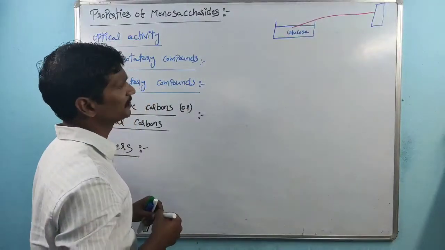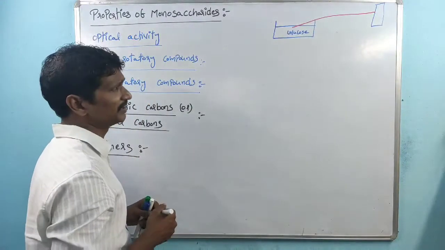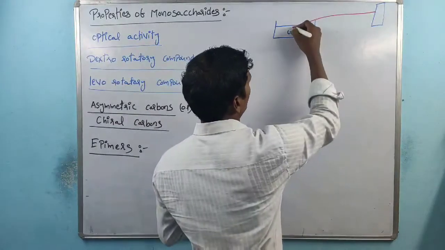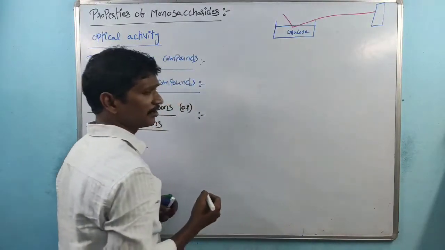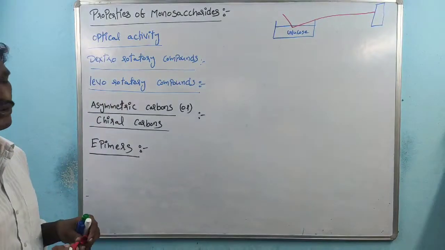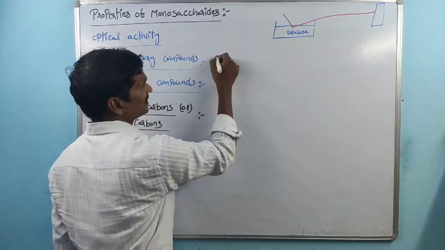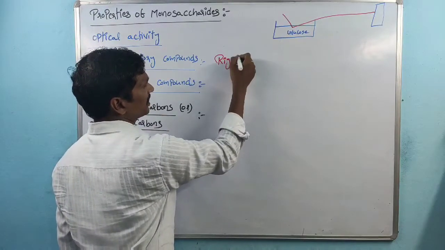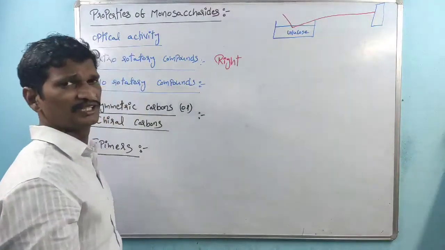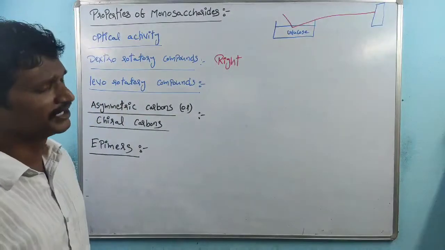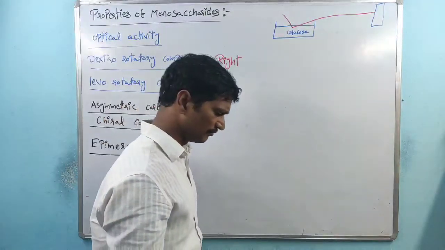If the light is shifted to the right side, those compounds are called dextrorotatory compounds. Very simple.